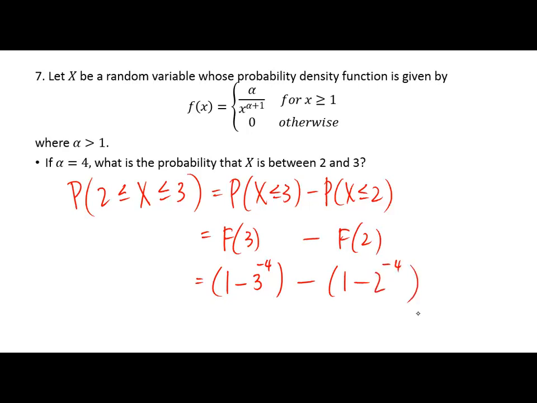I'm just plugging alpha equals 4 into what we found in part B. This is 2 to the negative 4 minus 3 to the negative 4, or about 0.05015.